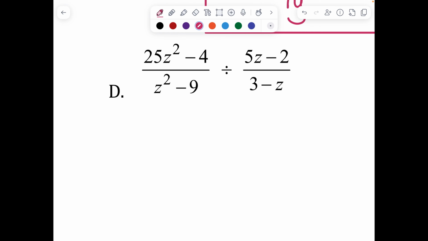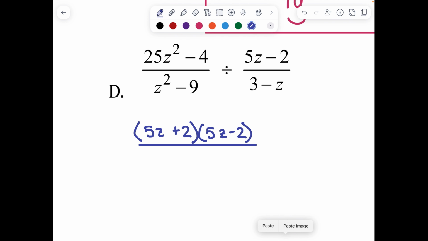D, now we are working with division. So I'm going to factor everything and make sure I also change it to multiplying by the reciprocal. So I have 25z squared minus 4. That's the difference of squares. So I have 5z plus 2 times 5z minus 2 over z squared minus 9 is another difference of squares. So that's going to be z plus 3 times z minus 3.